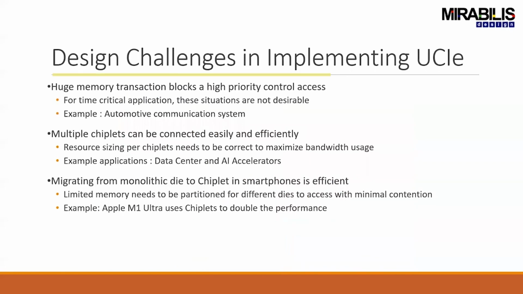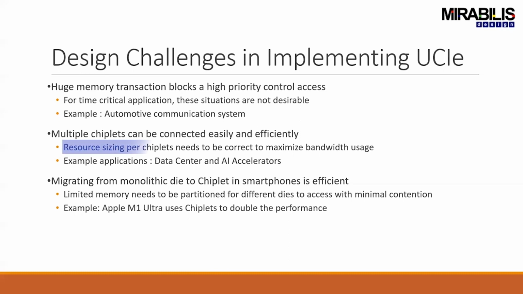Let's look at the design challenges in implementing UCIe. There are a lot of advantages to migrating to UCIe. For example, you can do huge memory transactions, but these huge transactions can be blocked by a high priority control access. So for time critical applications, say like in automotive communication systems, these are not desirable. Now, obviously, the big advantage of UCIe is you can have multiple chiplets connected easily and efficiently, with reuse of existing technology, including PCIe 6.0.